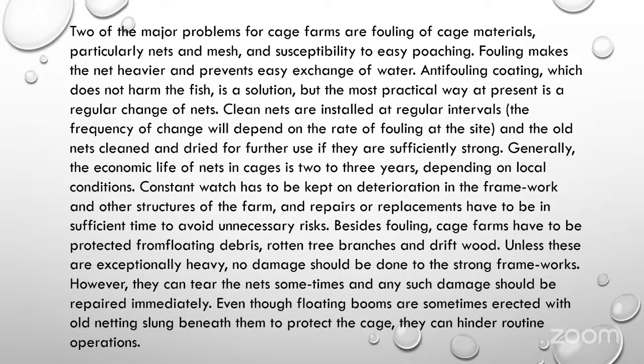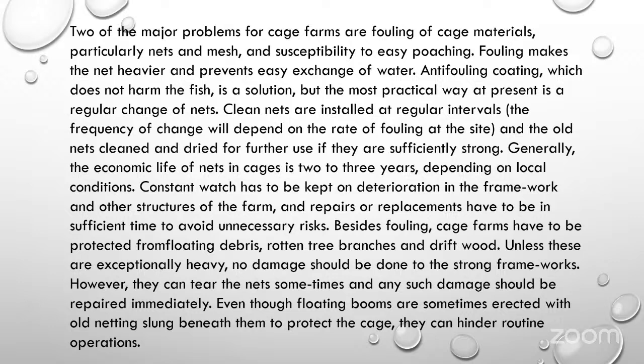Constant watch has to be kept on deterioration in the framework and other structures of the farm. And repairs or replacements have to be done in sufficient time to avoid unnecessary risks. Besides fouling, cage farms have to be protected from floating debris, rotten tree branches, and driftwood.